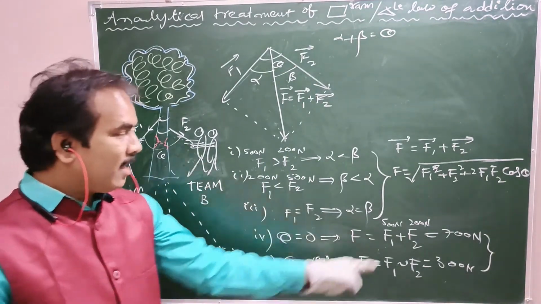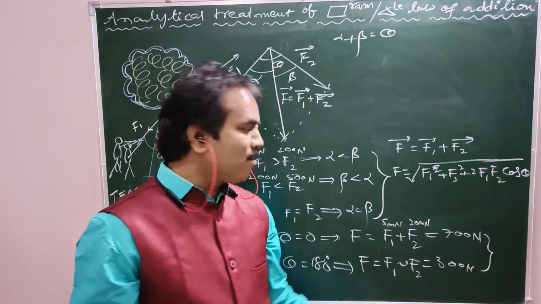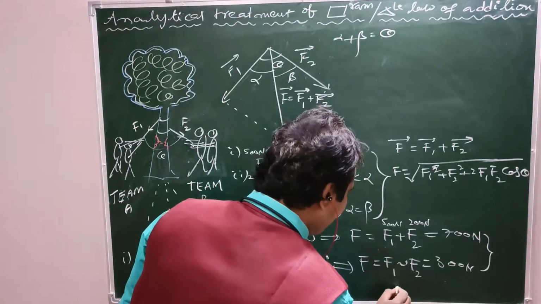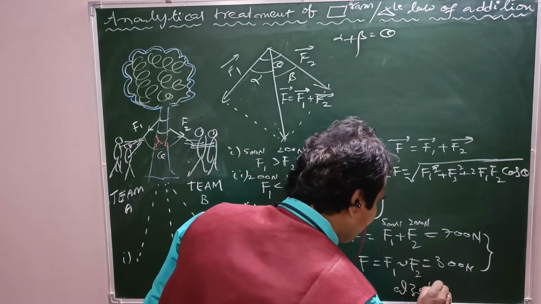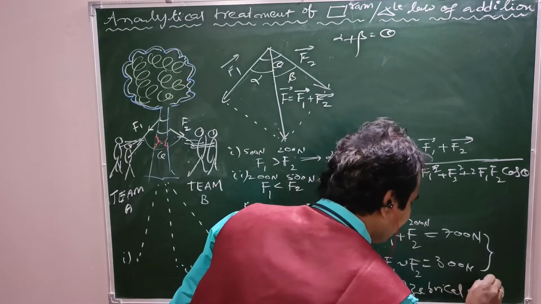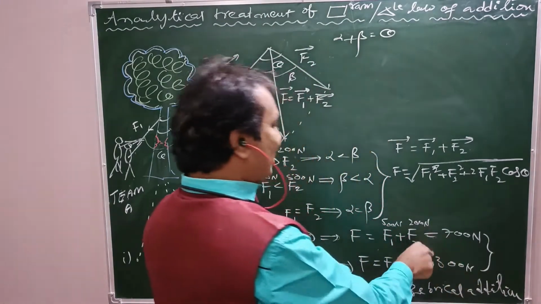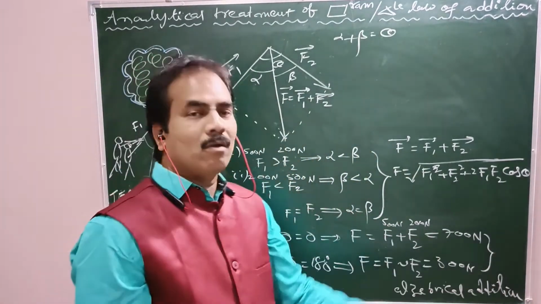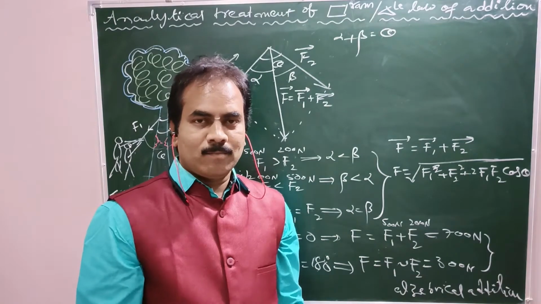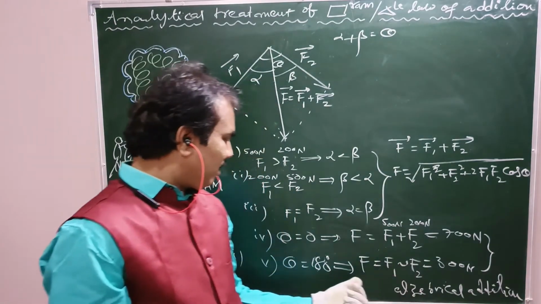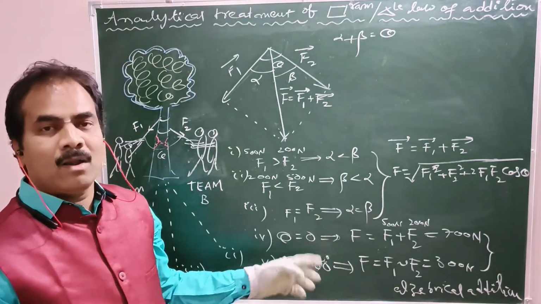In both cases, vectorial addition becomes equal to algebraical addition. Of course, this is also vectorial addition only, but it becomes equal to algebraical addition, provided theta becomes equal to 0 or 180.